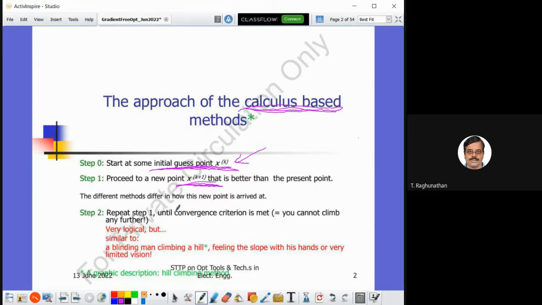And now, how do you get this x1? I told you many methods yesterday: GDM, gradient descent method, SDM, steepest descent method, Newton's method, then LMM, then conjugate methods, right? So leaving out these, I told you 6 exactly, including 2 conjugate methods. There are a few more methods, but we need not worry about that.